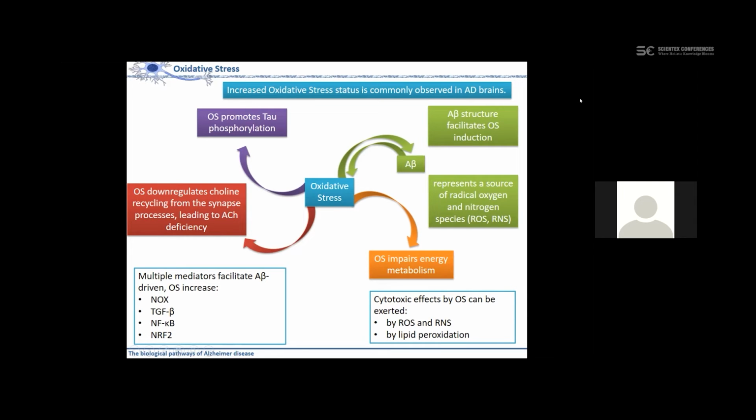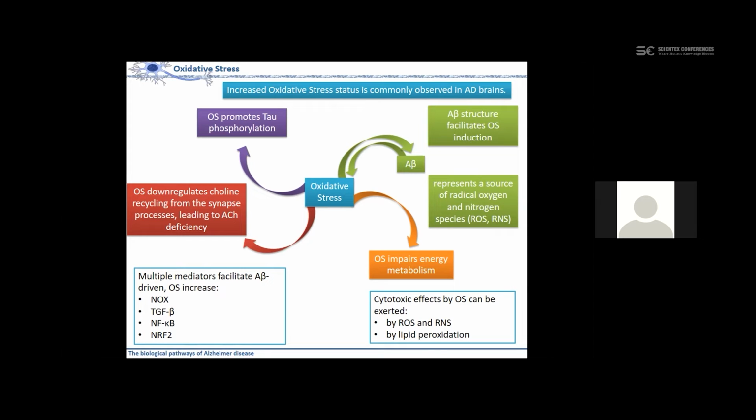The first one of them is the oxidative stress process or pathway. Increased oxidative stress status is commonly observed in AD brains. A common feature of AD brains, in fact, is that they show an increased presence of reactive oxidant species compared to control brain slices.